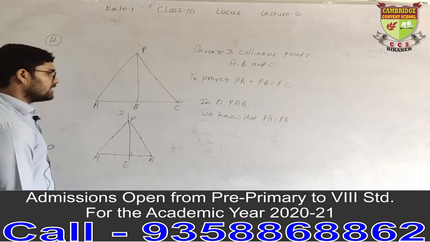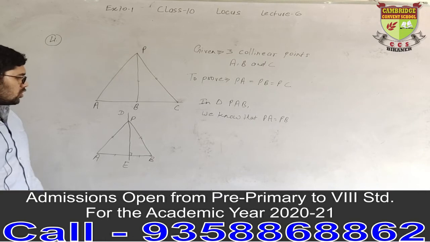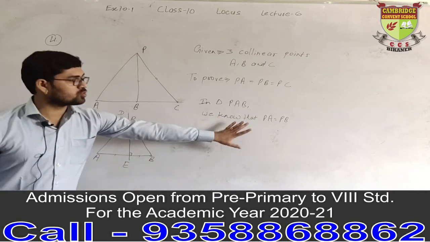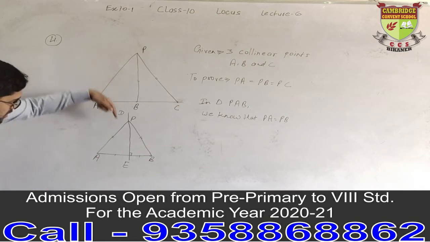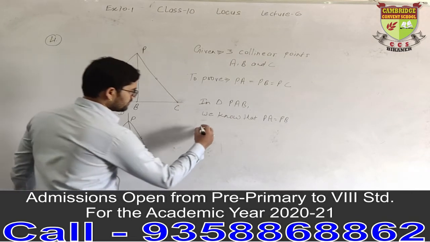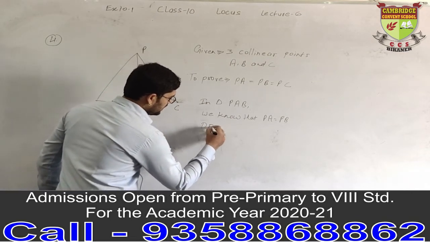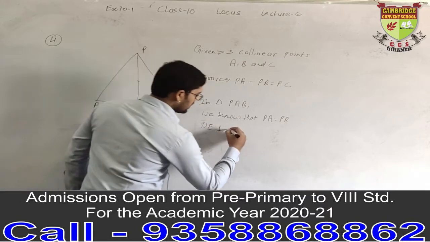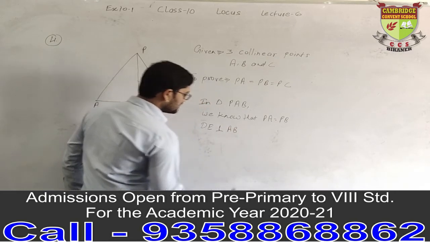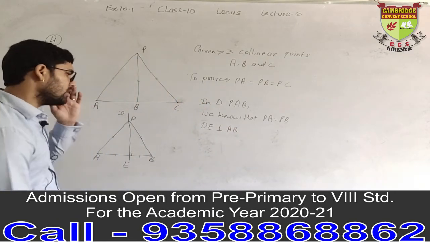If PA is equal to PB, and we draw a perpendicular, DE is perpendicular on AB.